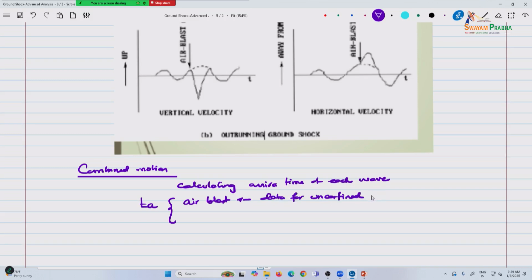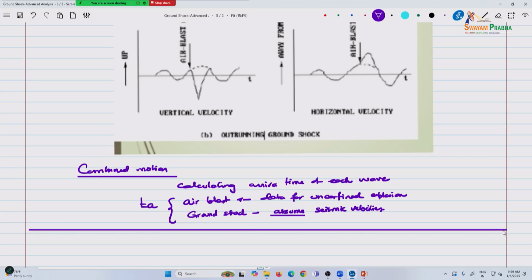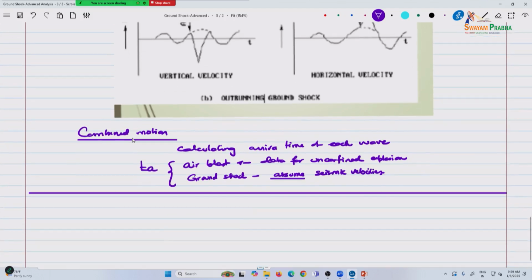So this is unconfined explosion, the figure 2-15, 2-7, and for the ground shock, the ground induced, you assume shock seismic velocities, and from that you can calculate, and the distances that you can calculate the arrival times.